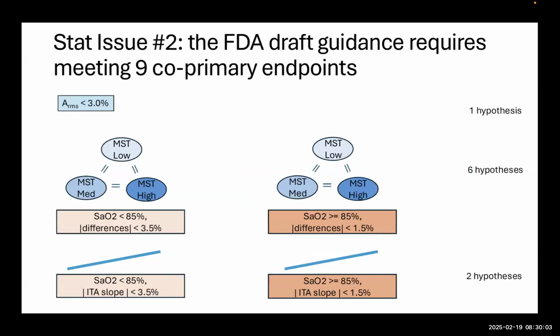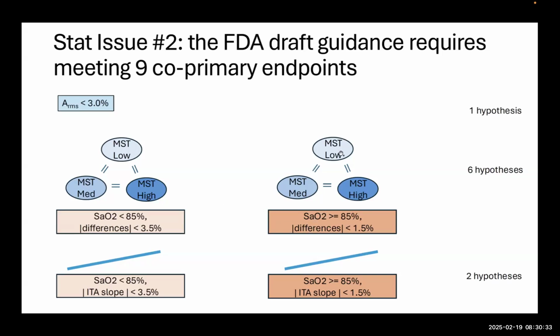Okay, and the other high-level issue is that this draft guidance actually requires that you meet 9 different co-primary endpoints. I made a little chart to lay out what we're doing here. First, we have the test for ARMS that was previously used. Then for the low SaO2 range, we have tests between the 3 different MST groups, high, medium, and low. So there are 3 different hypotheses we're testing on this side.